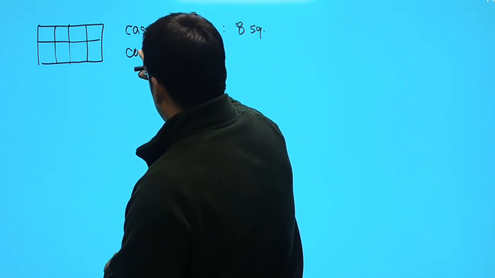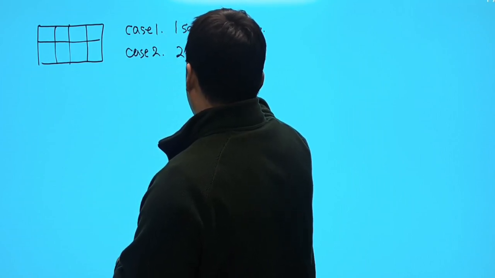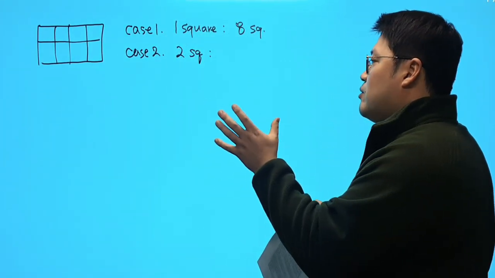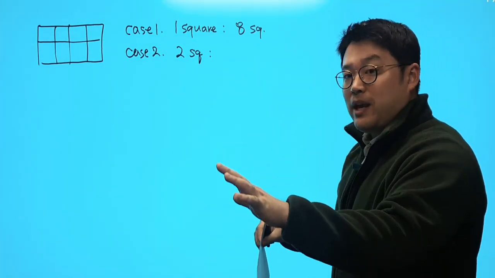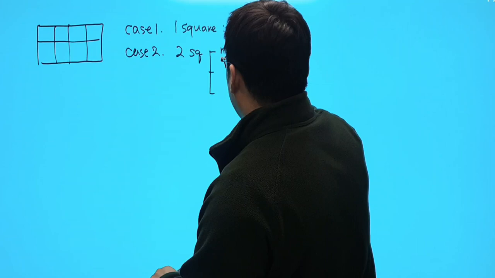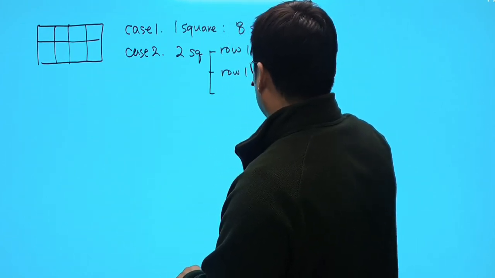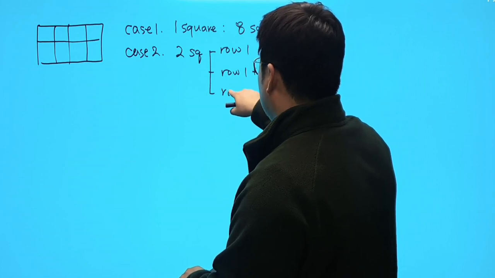Right, so what about case number 2? Case number 2 begins with coloring 2 squares. If I need to color 2 squares, I think we need to use subcases. For instance, what if both are in row number 1, or one in row 1 and one in row 2, or both in row number 2?